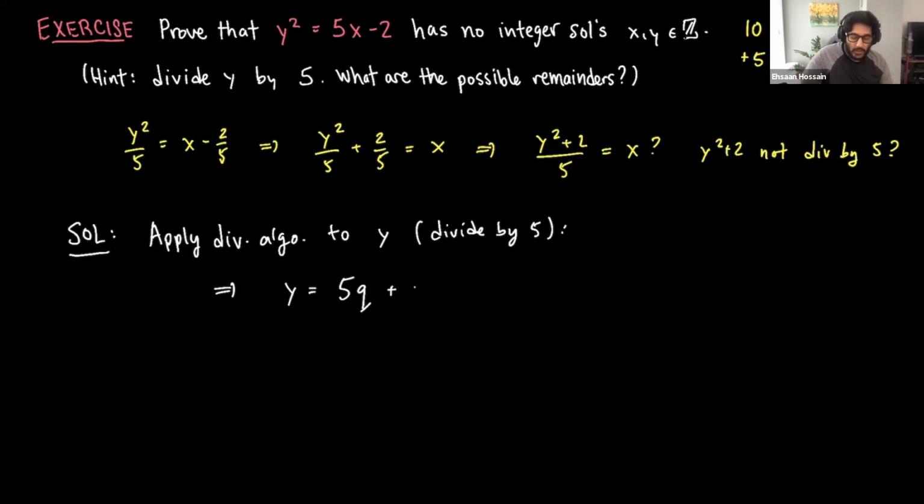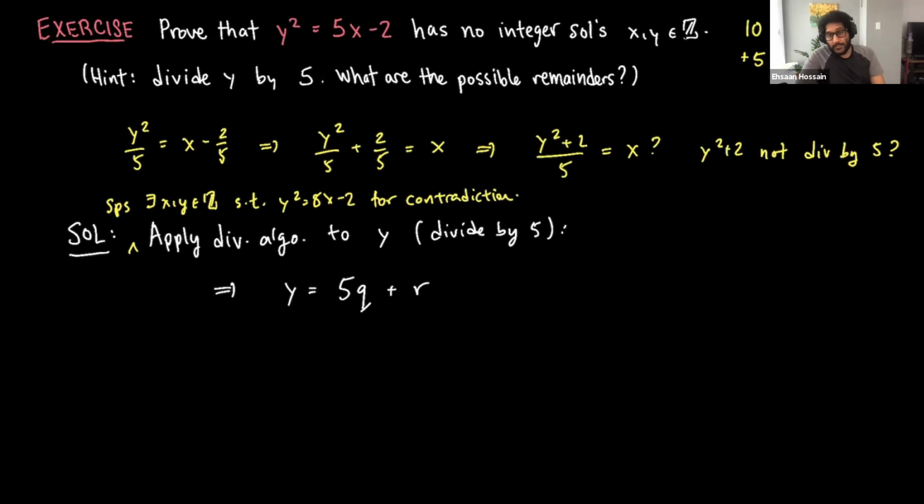Plus r, right? I should say, suppose for contradiction that the equation does have a solution. I should have said that. Suppose there exist integers x and y such that y squared equals 5x minus 2, for contradiction. I should have said that, but okay.